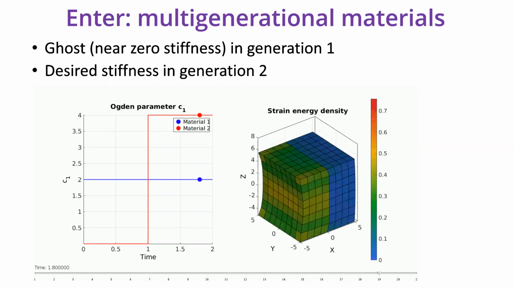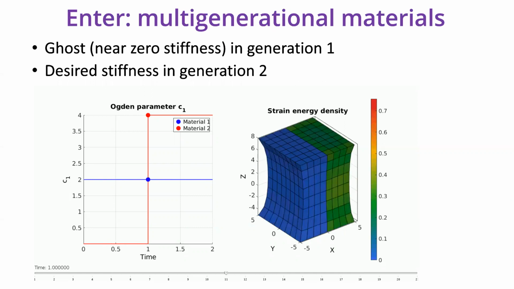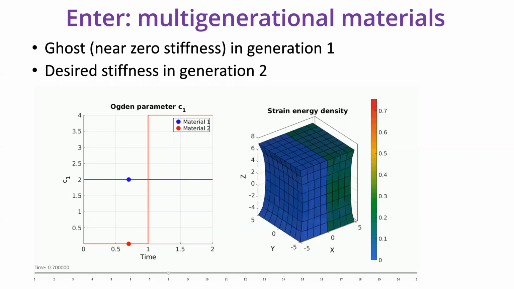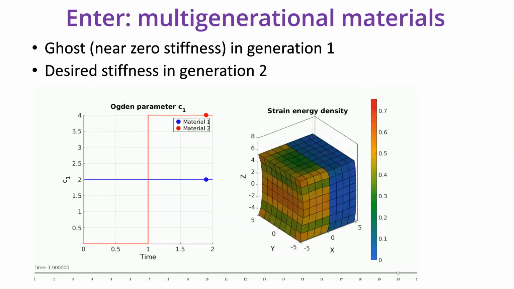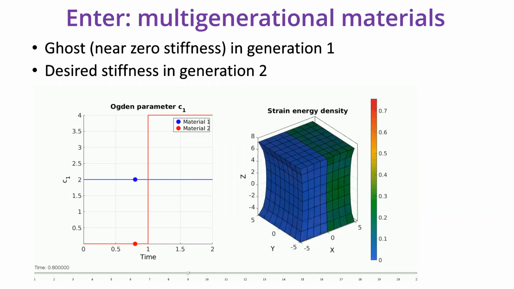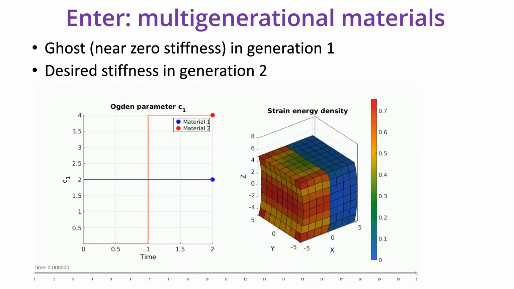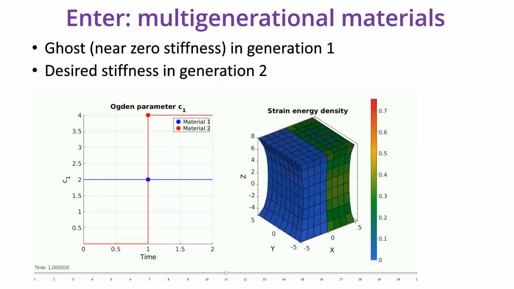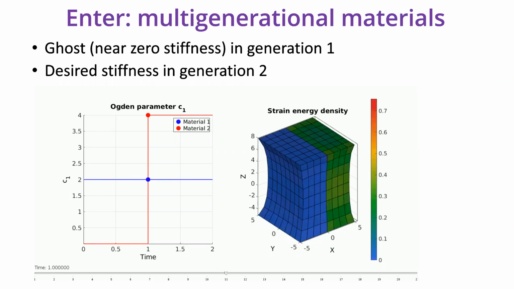But at time number 1, which is the end of the first generation, in this space occupied by my multi-generational material, I'm going to pour in my artificial magic plaster and have it solidify. But we solidify it critically in the deformed state. So we can pull up the cube, pour in a stress-free material, have it solidify, and then bring down the cube. And that's why that material in the end is stressed, and the other one is not.